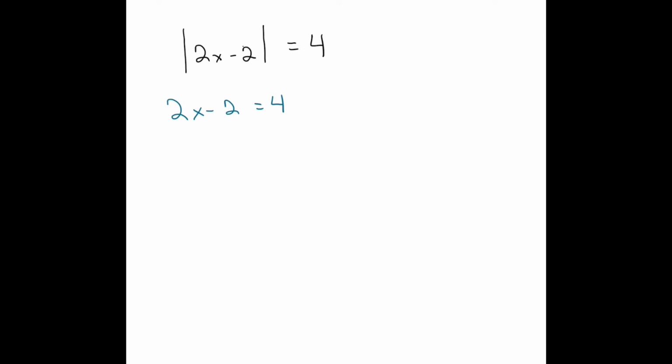But what is the other way that we could get this part of the equation equal to 4? Do you remember? I just showed you what it was. It could also equal -4 because the absolute value of -4 is positive. So because this could also equal -4, we go ahead and write that on the other side. 2x minus 2 could also be equal to -4.